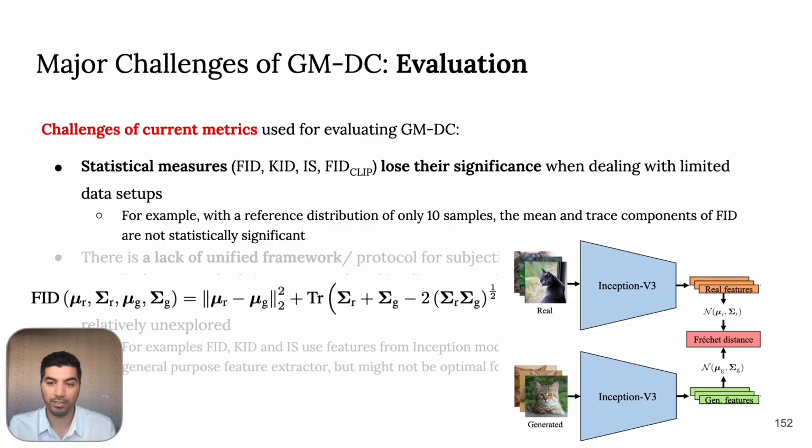We do the same for generated images and extract the features for both real and fake images. Then we calculate the mean and covariance of the distribution of the features for both real and fake. And based on this similarity, we decide whether generated images are following the same distribution as real images or not. Under data constraints, say we have only 10 samples, the mean and trace components that we calculate for FID are not that accurate, and that's the issue.